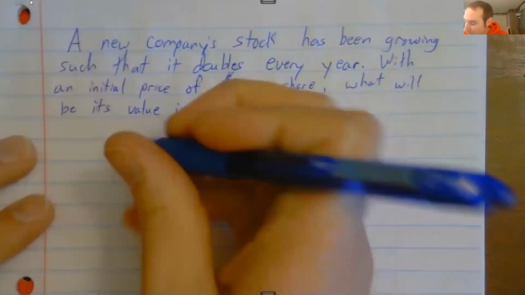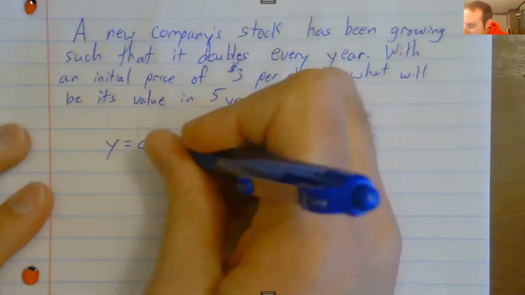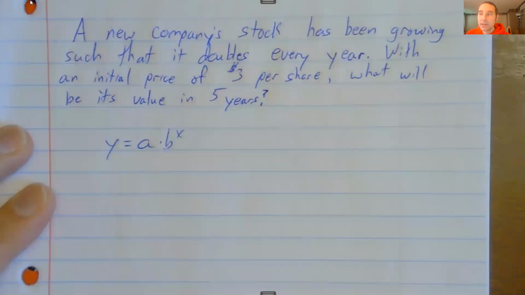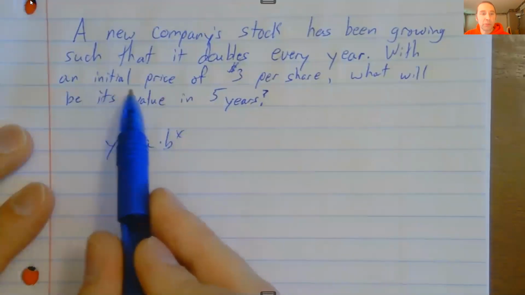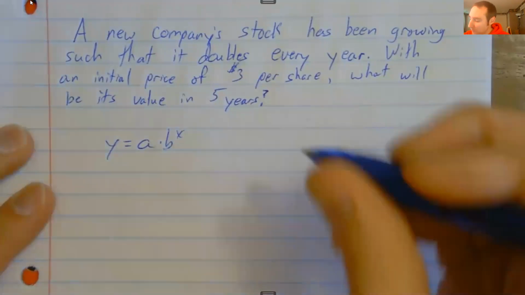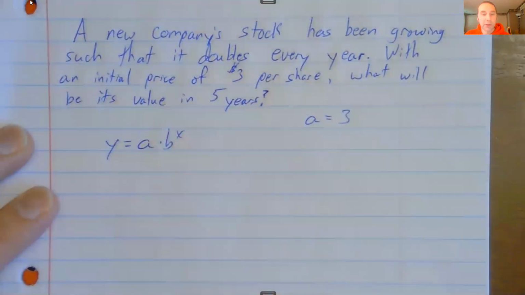So remember, our exponential functions are always something of the form y equals a times b to the x. We have a starting value in all of this, and a represents my starting value, my y-intercept. In this case, since we were told that the initial price of the stock is $3 per share, we can say our a value is 3.